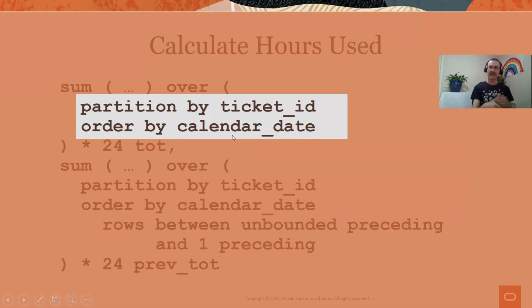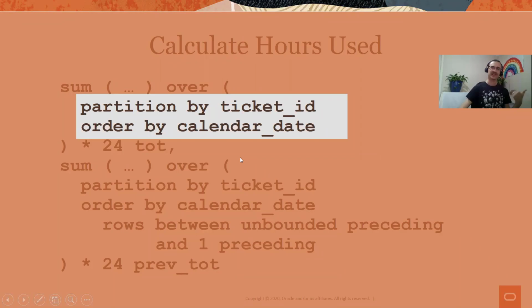Pretty straightforward. Then to get it for yesterday, or the previous day, we want the running total for all rows up to, but not including, the current row. By default, we have a windowing clause of range between unbounded preceding and current row, so that's all rows with a value less than or equal to the current row.